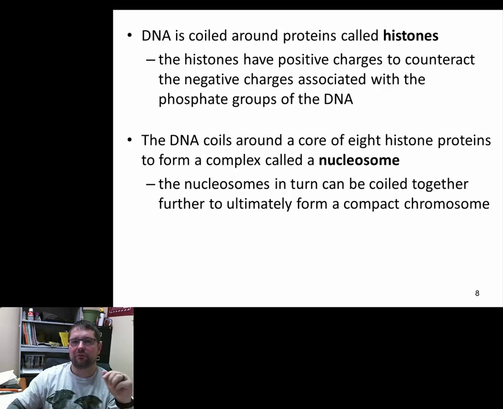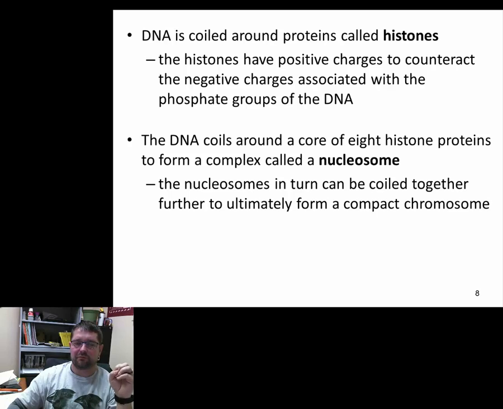We can't see chromosomes unless the DNA is wrapped around a bunch of proteins. You can't visualize it otherwise. It has to be in chromosome form for us to see it with the naked eye, and you'll see this in a lab that we do.